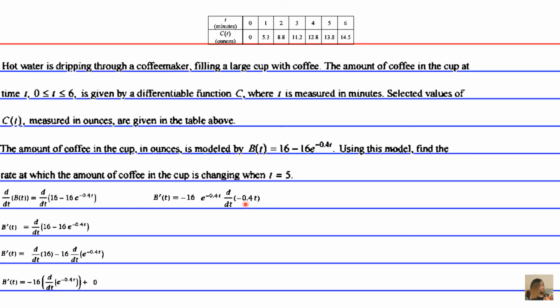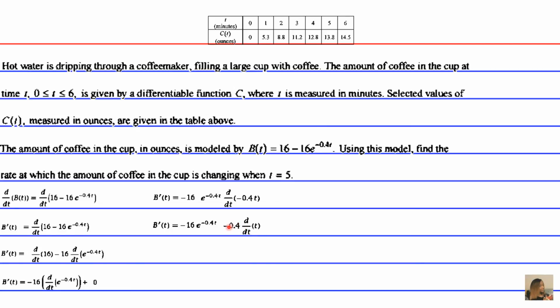All right. Now, a second time, we're going to factor out constants. So this is multiplication here, not subtraction. We're just factoring out negative 0.4 out of d dt of negative 0.4t. And all we're left with to differentiate is the term t, okay?